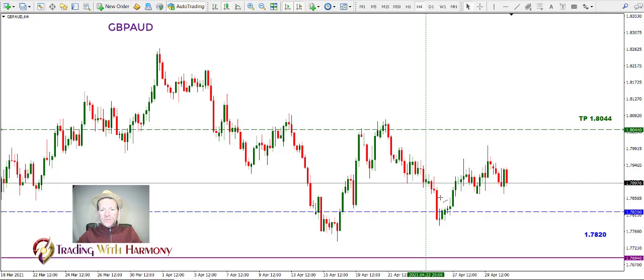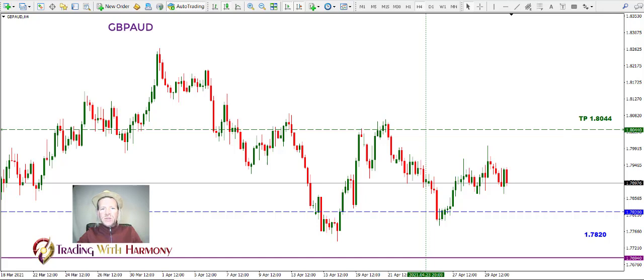Last week we finished here at this point, and it did come back down for a better risk reward, down to our structural area here, being the 1.7820 area. And it is moving up slowly for sure, right? But I have moved my target down slightly, down south further, to 1.8044.